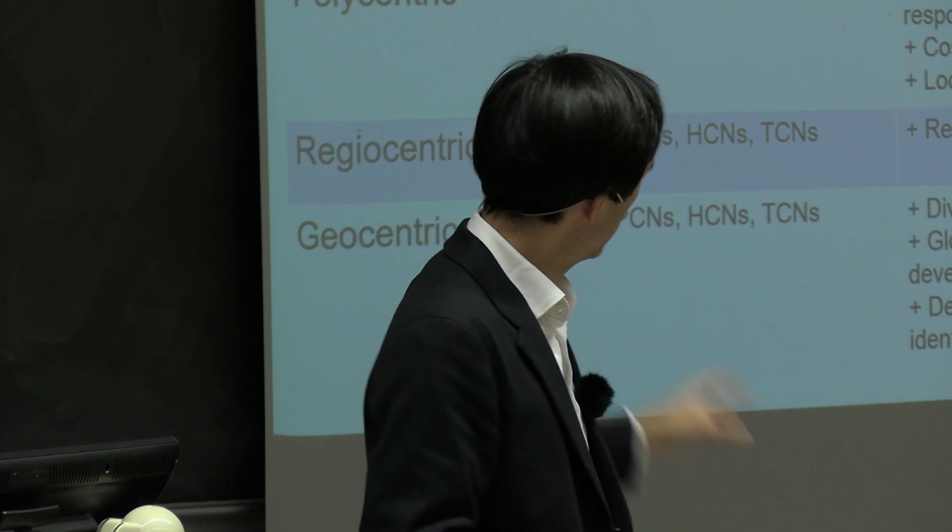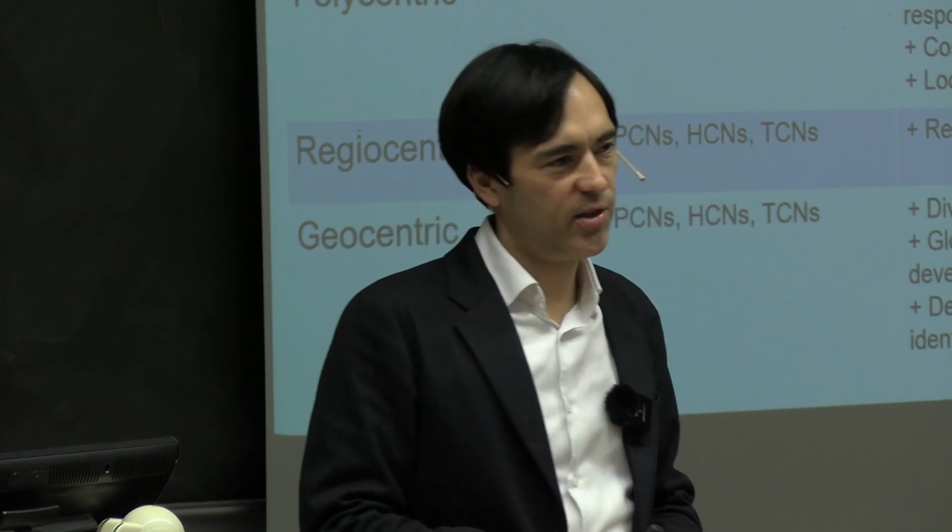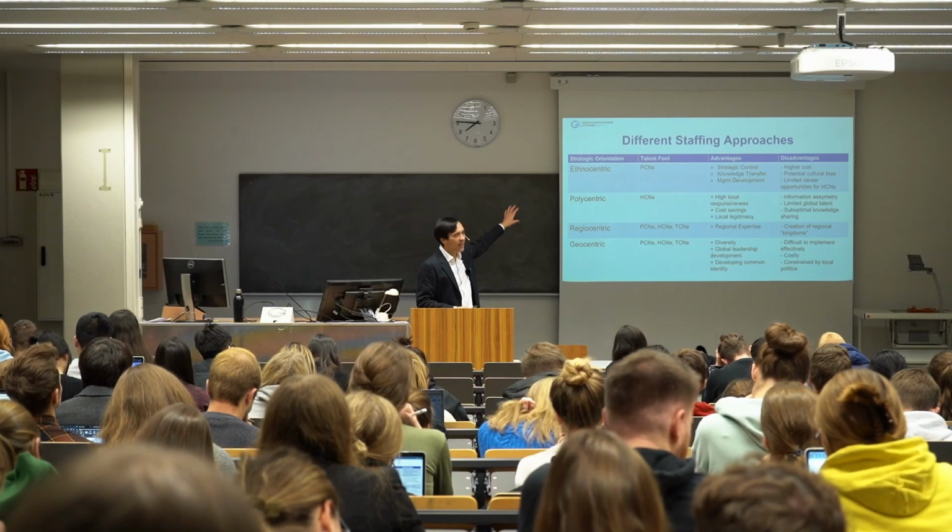At the same time, the geocentric approach is also difficult to implement. It's challenging how you set same standards, trying to adapt to local demands, global standardization, which is very difficult to balance, to find a balance. It can also be costly, and it also requires a lot of coordination. So very often we see some tendencies.